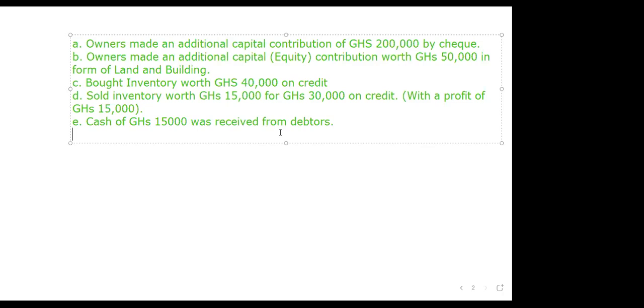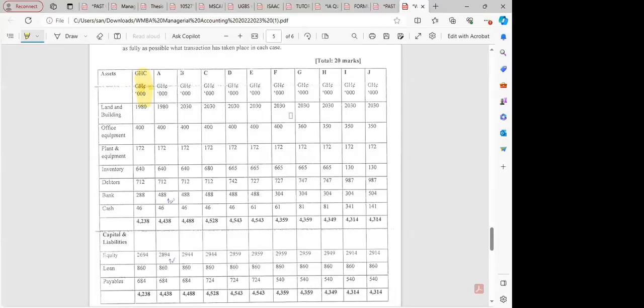Okay, F. Let's look at F. Now we're comparing F and E. Land and building is the same. Office equipment is the same. Plant and equipment is the same. Inventory is the same. Debtors is the same.